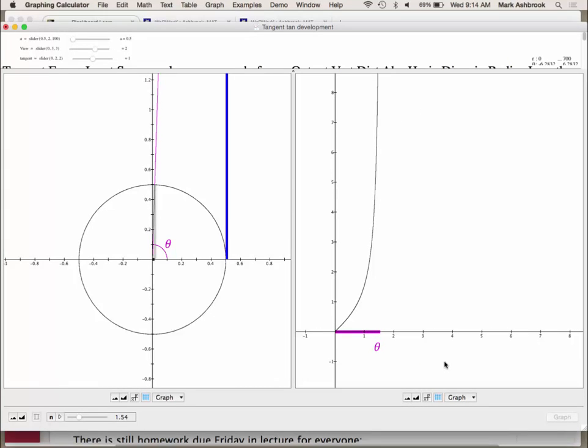Okay, and then what happens at pi over 2? How many radius lengths will it take along the 3 o'clock tangent to reach the terminal side if theta is at pi over 2? It's impossible, right? They're parallel lines. It'll never reach. Therefore, the tangent is undefined at pi over 2 because you can't intersect it. But what happens as I go a little bit past pi over 2?